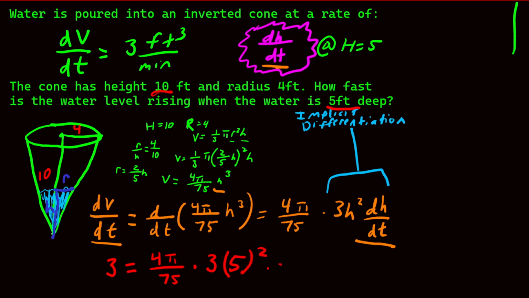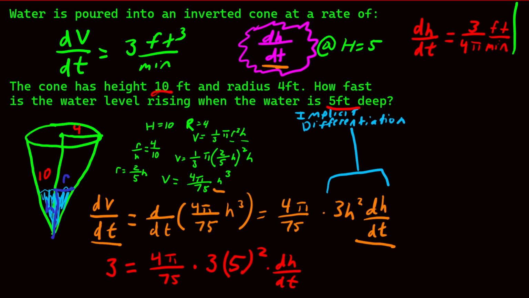And if we simplify this all down, we're going to get dh/dt equals 3 over 4 pi feet per minute. And boom, that is our answer.